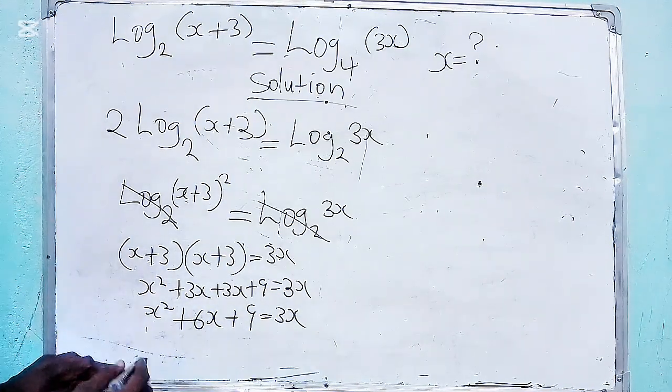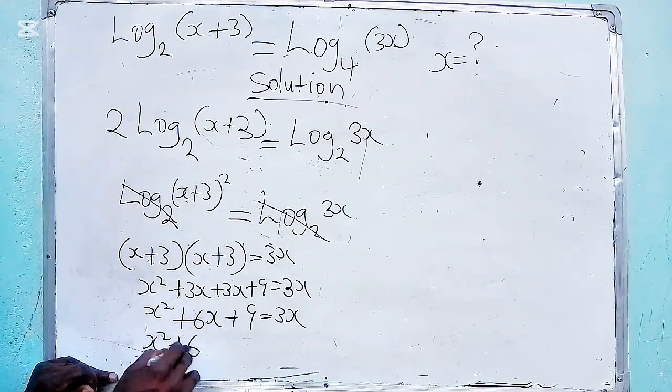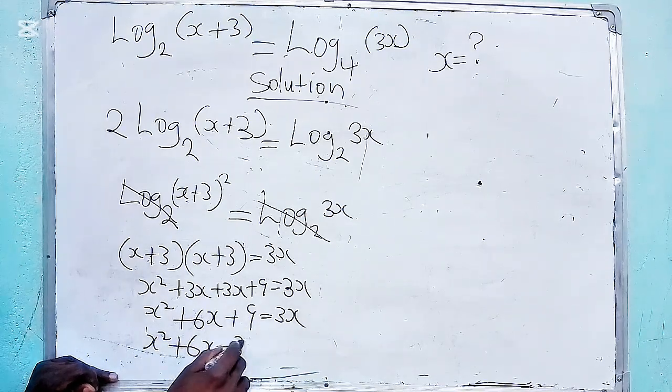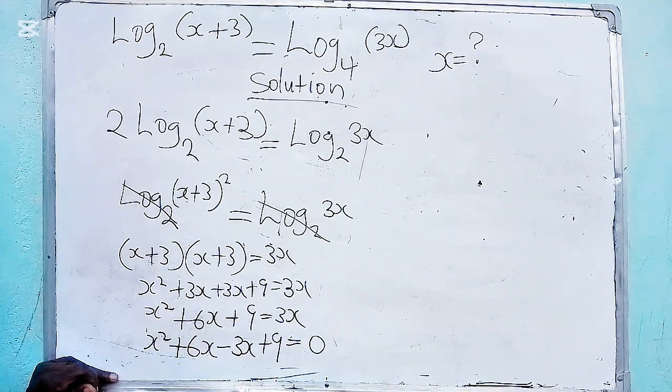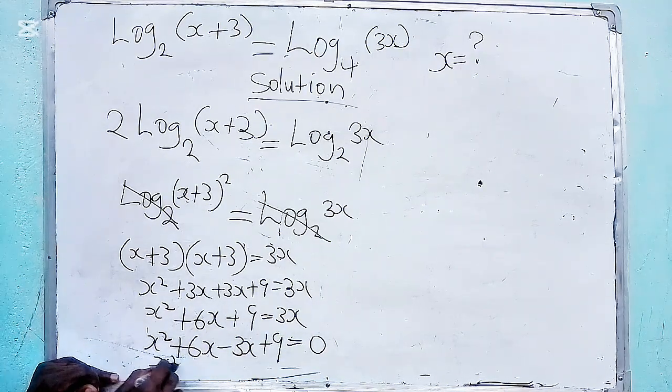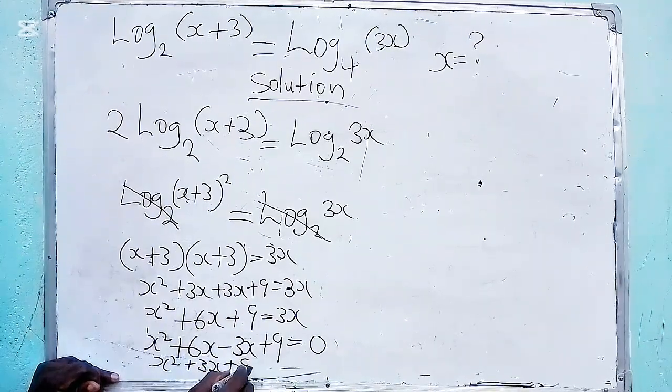By the time we bring this to this side, we have x squared plus 6x minus 3x plus 9 equals 0. So we have x squared plus 3x plus 9 equals 0.